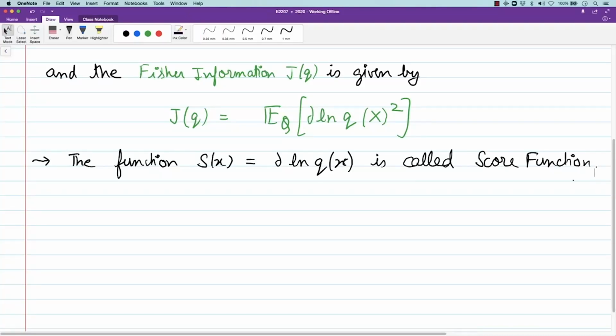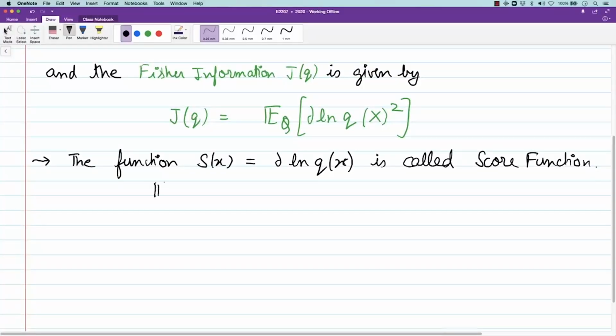Why is it called the score function? Because when you are computing likelihoods and looking for maximum likelihood estimates, you often set this derivative to 0, so you compute the score function and make it small. So this score function is used in maximum likelihood procedures, and from a theoretical perspective, it is used for analysis. Okay, so this is called the score function.